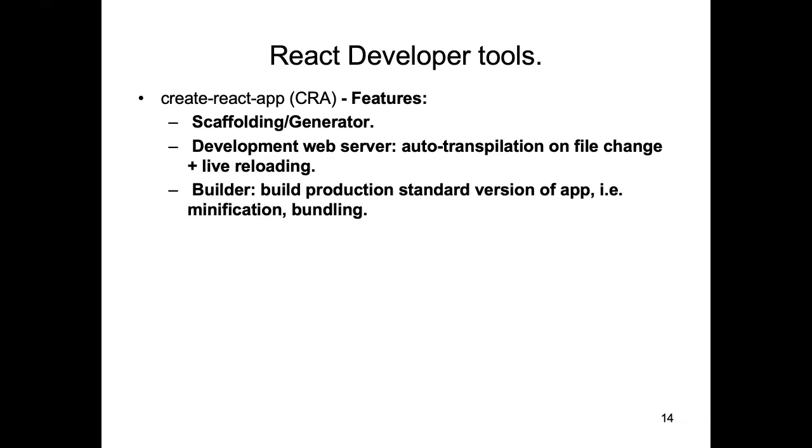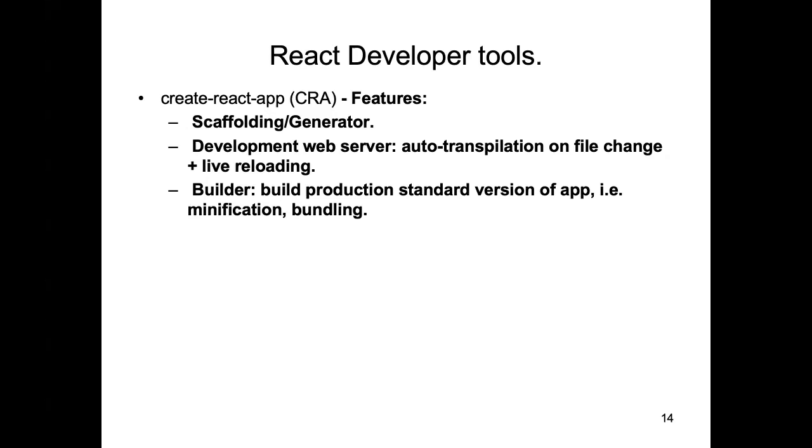You'll also get some standard initialization files with actual code in them. The second thing is it comes with its own web server. Now, the only type of web server we've been using up to now is the live server plugin that came with VS Code, but that was just a bog standard web server.